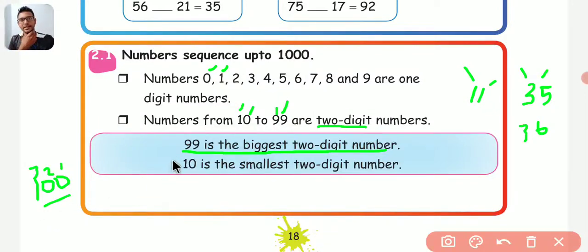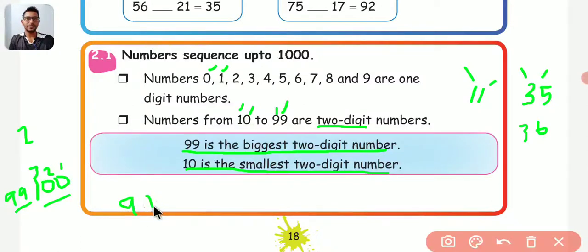So before 100 we have 99. So 99 is the biggest two digit number. Here 10 is the smallest two digit number. So the biggest two digit number is 99 and the smallest two digit number is 10. Okay, so what is before 10?